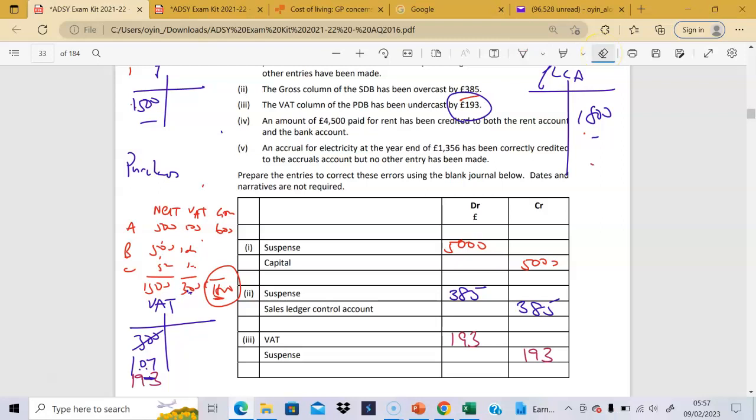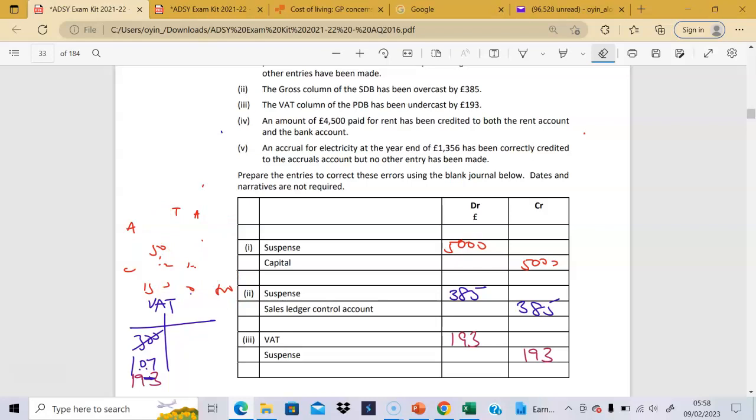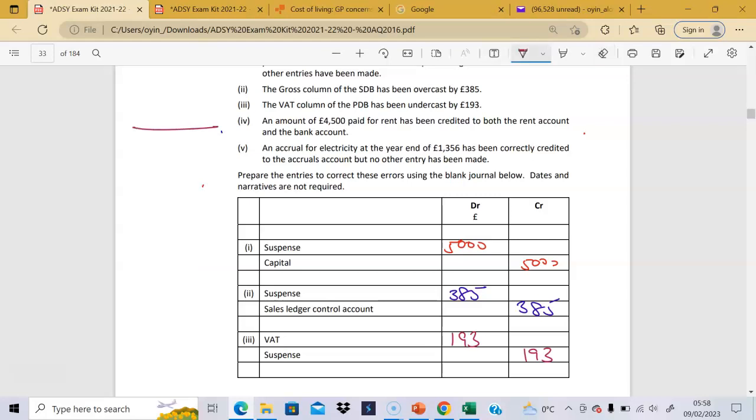Right, let's get rid of this and then deal with the next one, which is to do with rent. So the question then says that what we see is that you have rent and bank, right?